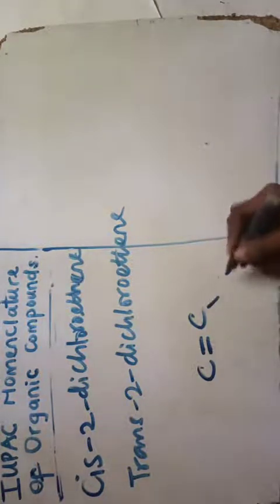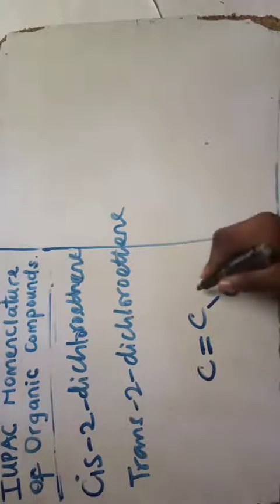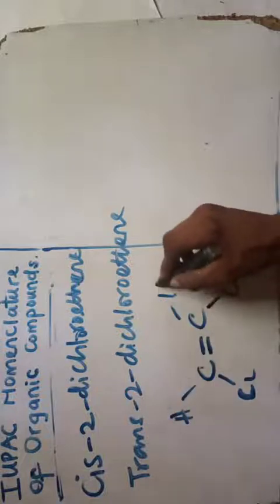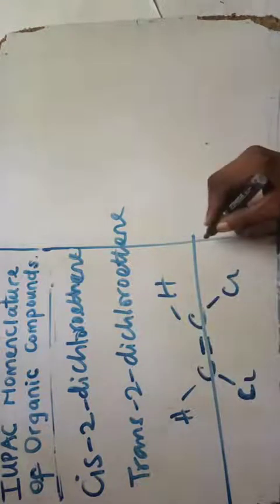So what you do next is very simple. I have my chloro here, 1, 2, chloro. This is to tell you that you have chloro present. But in cis, when you have the branches or the prefix like this on a single side, in a single side pattern, it's called cis.